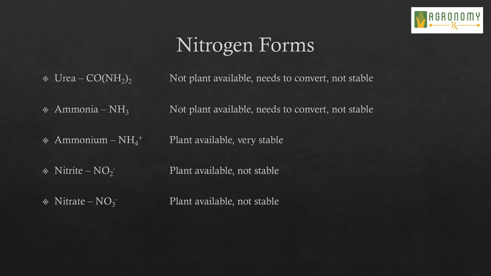First, let's go through the basic forms of nitrogen that are most common in our area. We'll start with urea. Urea is not used a whole lot in our area, but the chemical compound for it is CONH2: carbon, oxygen, and two nitrogen-hydrogen molecules.